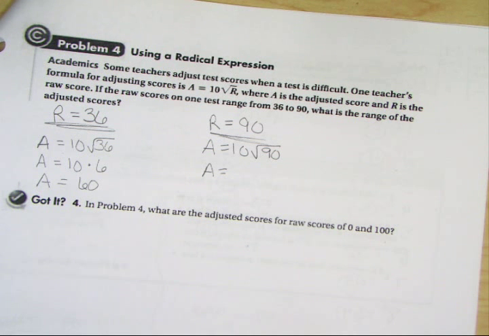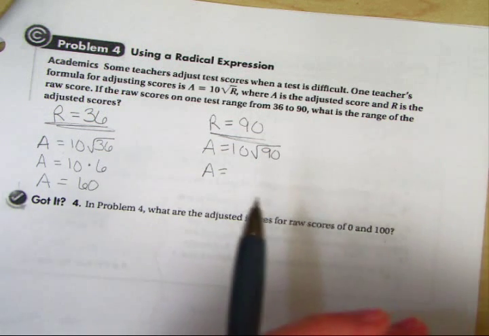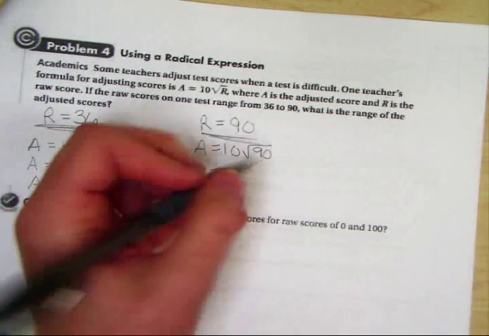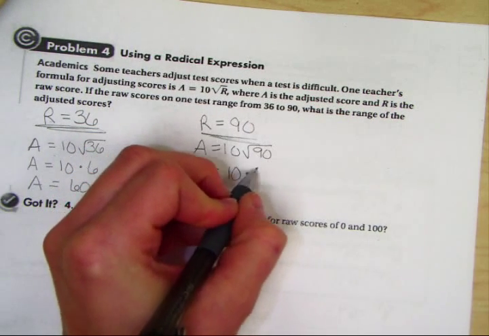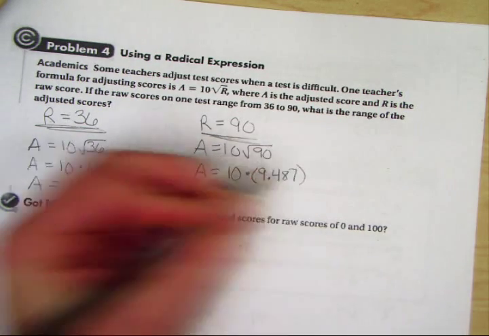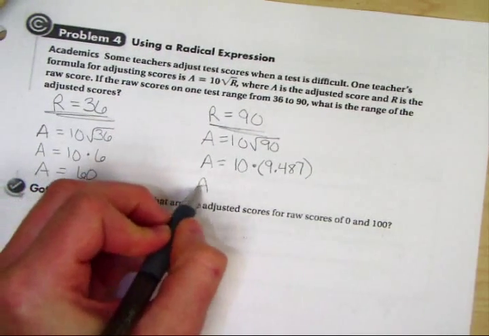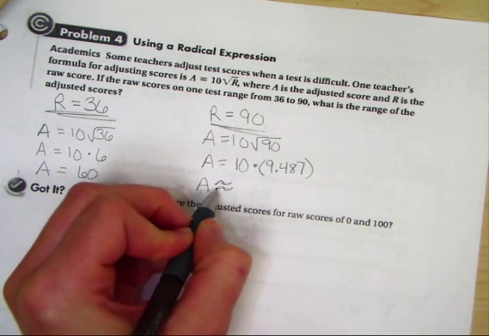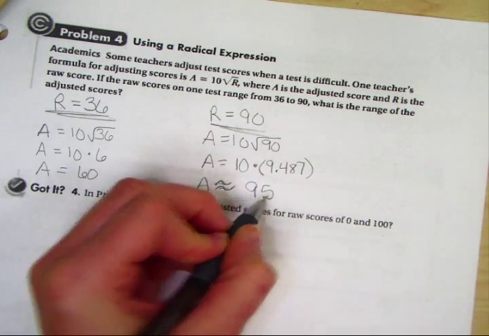Okay, the square root of 90 is approximately 9.487, and this is going to be 10 times that. So the student's new adjusted score is approximately a 95.